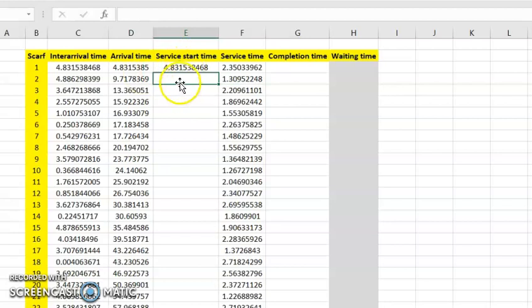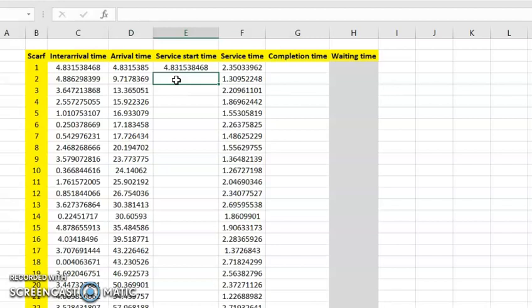About the next one that we want to do, as we talked about before in the previous slides, it is not as straightforward as this one, because when you want to see when the service to scarf 2 starts, it depends on the previous one. It depends if there are some other scarves in the line.